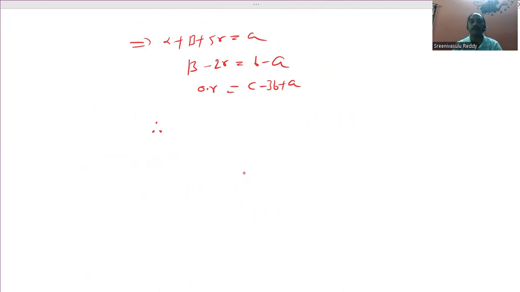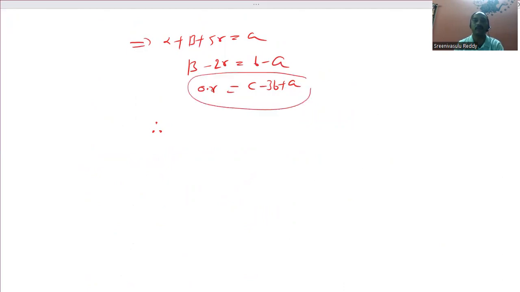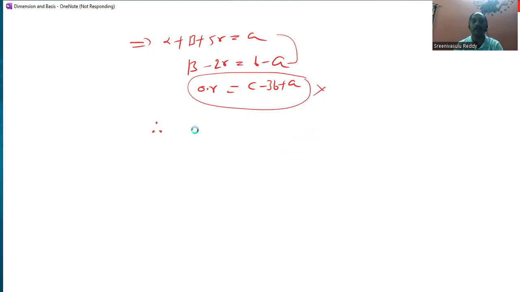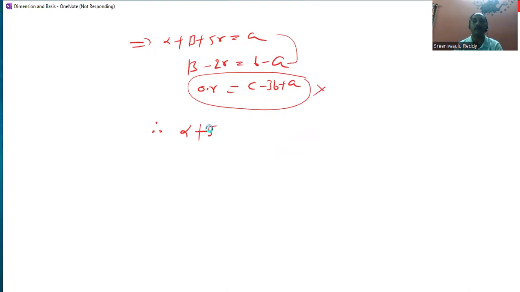Therefore, from these two equations. Eliminating the last equation is useless, because 0 times gamma equals this constant, useless. From these two, subtracting the second equation from the first, alpha remains and beta gets cancelled. 5 gamma plus 2 gamma becomes 7 gamma.